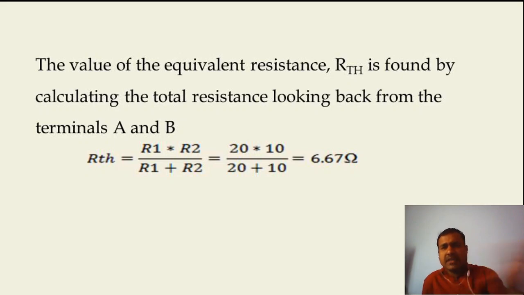Now the major part is done: we have calculated VTH and RTH. What is the next step? We need to redraw the Thevenin's equivalent circuit. It has a voltage source VTH in series with a resistance RTH, Thevenin's resistance, and then we connect back the load resistance.